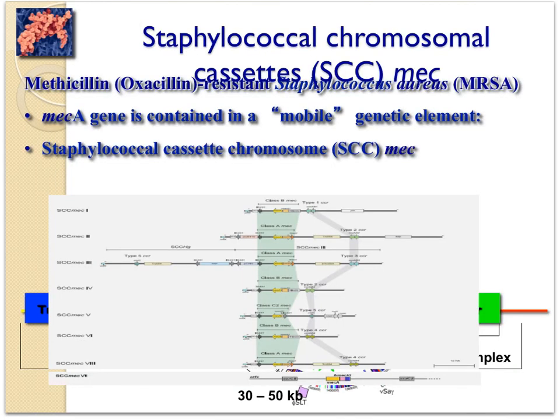You can zoom into the genome. The point I want to make here is there is general genotyping to see strain relatedness, and then you can zoom into specific areas. In this case, this is a chromosomal cassette area where methicillin resistance is encoded. You can look at what types of staphylococcal chromosomal cassette types, SCC types, there are.